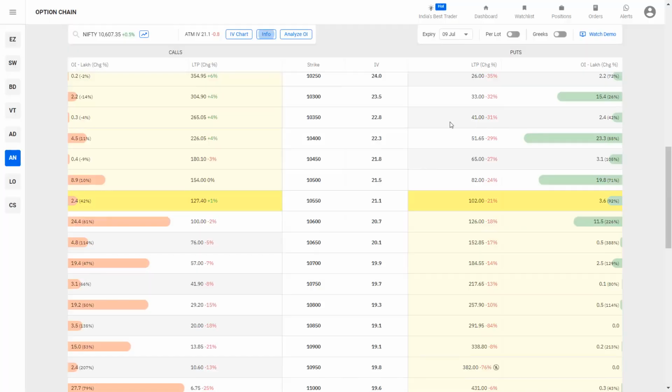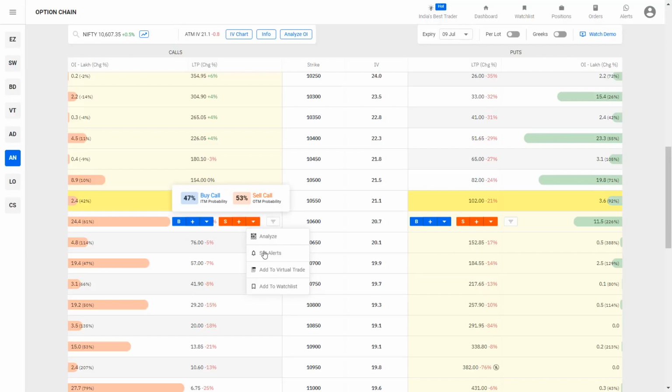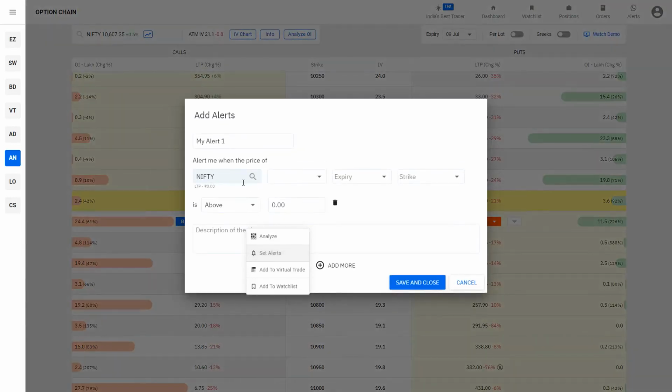What else can you do? You can also set alerts on WhatsApp for LTPs or option prices. So this column is the LTPs of option prices, and you can set alerts here. If I click on set alerts, it will ask me to set an alert.